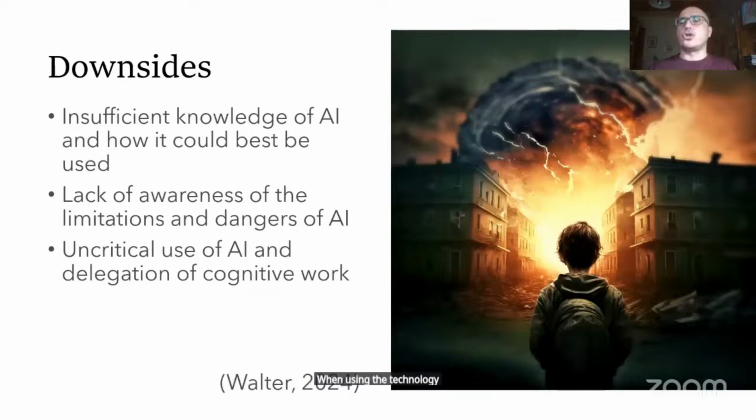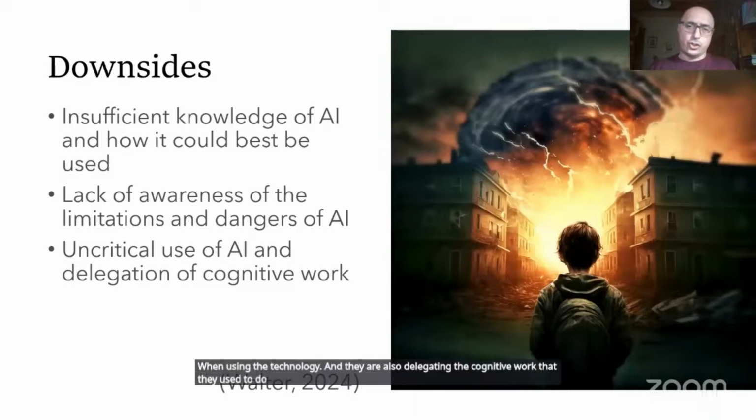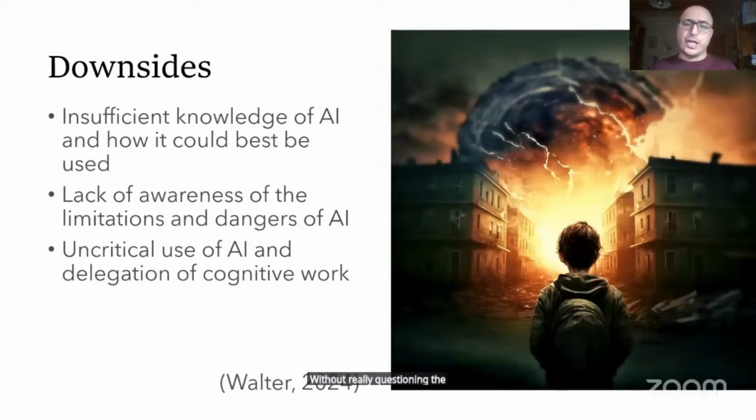And they are also delegating the cognitive work that they used to do before to the technology, to the extent that now there is this complete reliance on the technology for a wide variety of tasks, without really questioning the output that is generated by the AI.